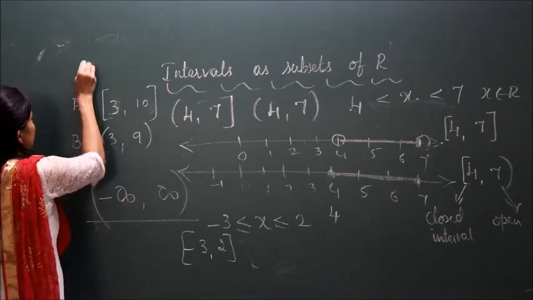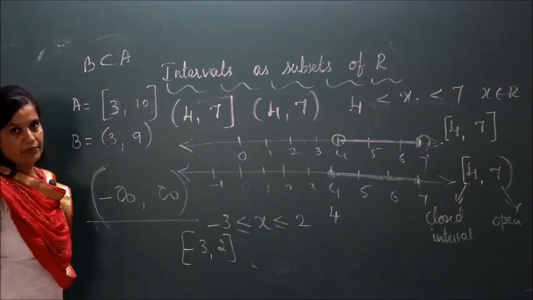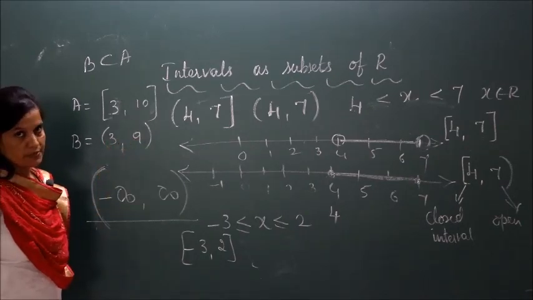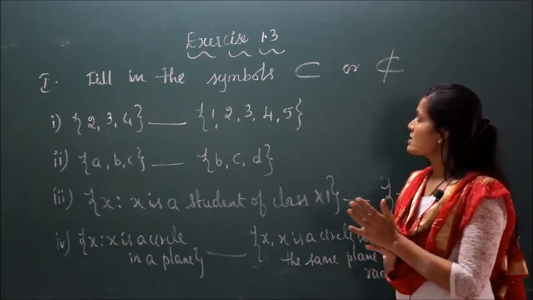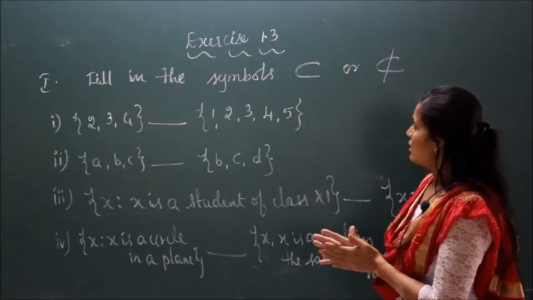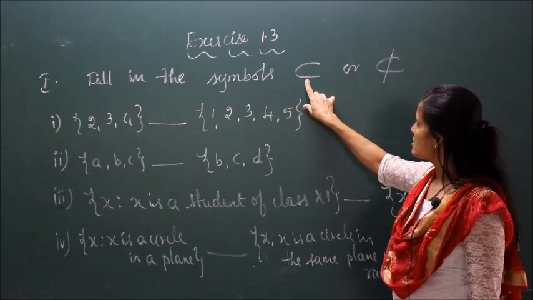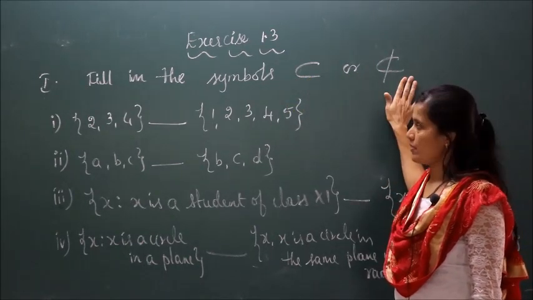So B is a subset of A. So this is how I can connect these intervals with the subset. So we are going to solve the problems from exercise 1.3. Fill in the blanks with the symbols subset or not a subset.